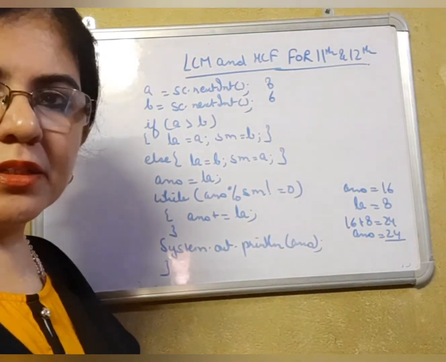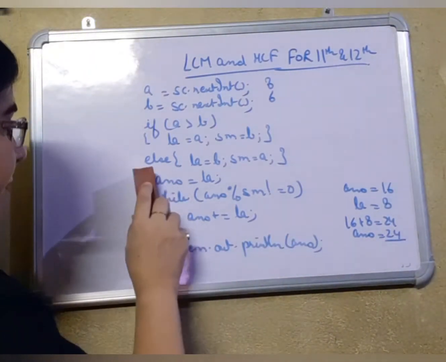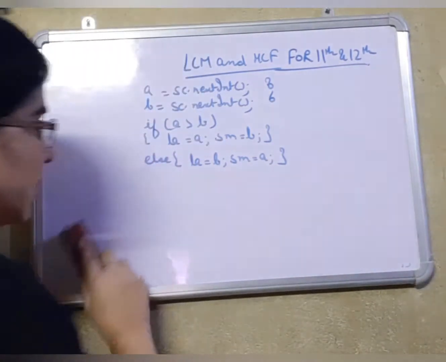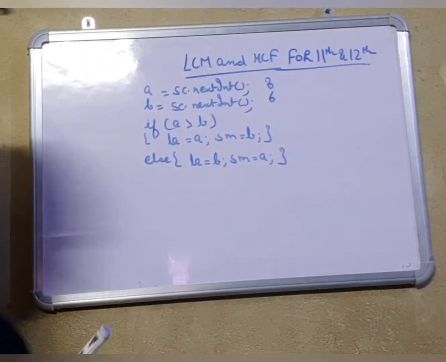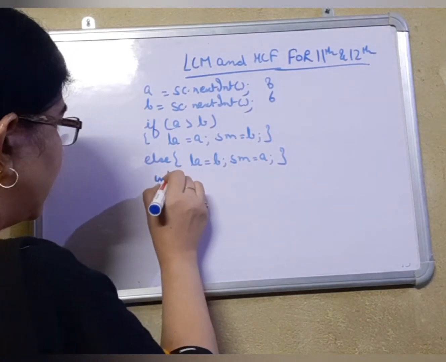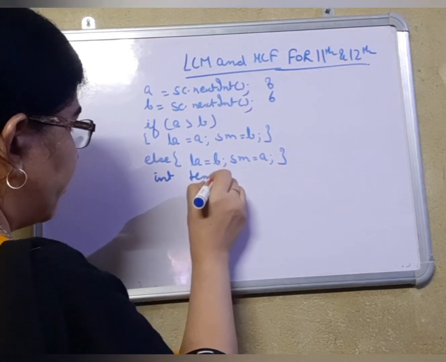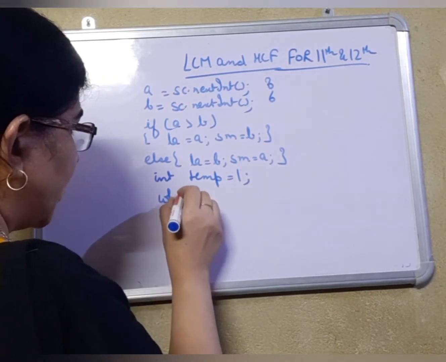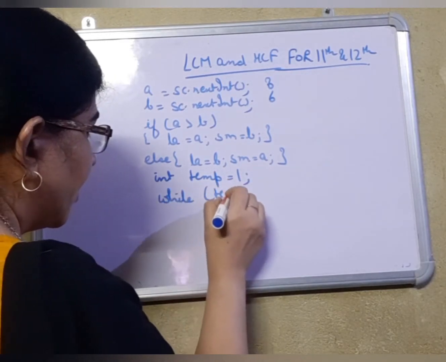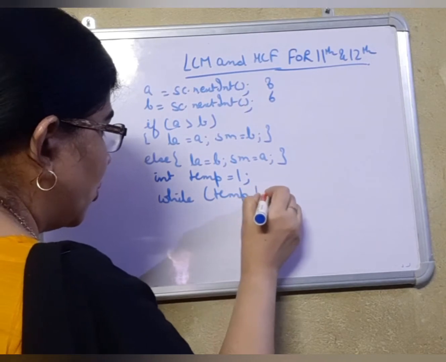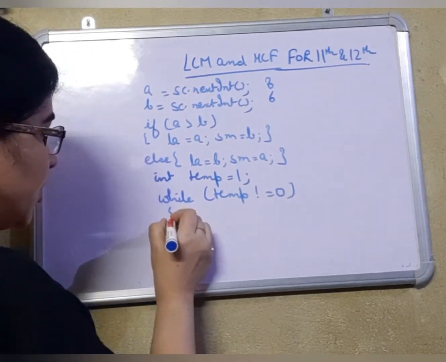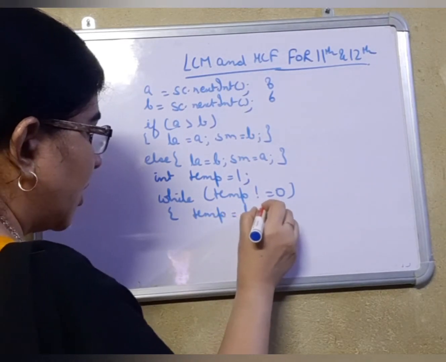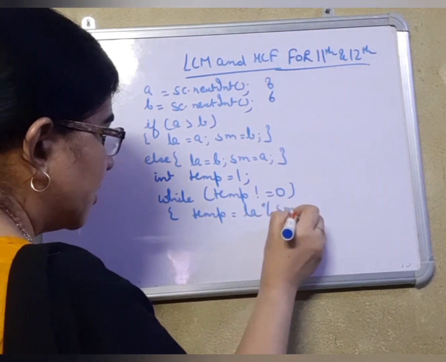Now let's look at the HCF. In HCF also we are going to find out the largest and the smallest. And we are going to take a variable like temp, suppose 10. We are going to check while temp not equal to 0. This is the true condition. Temp is going to first of all divide your largest number by the smallest.